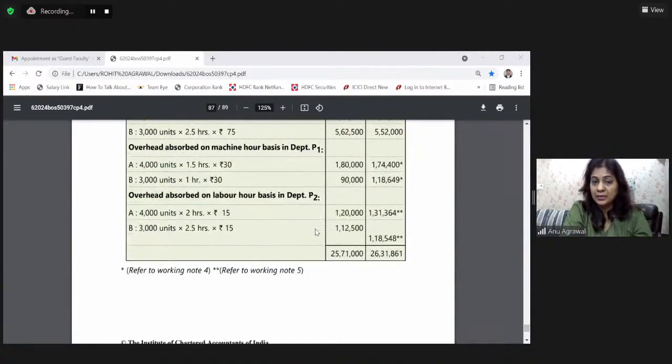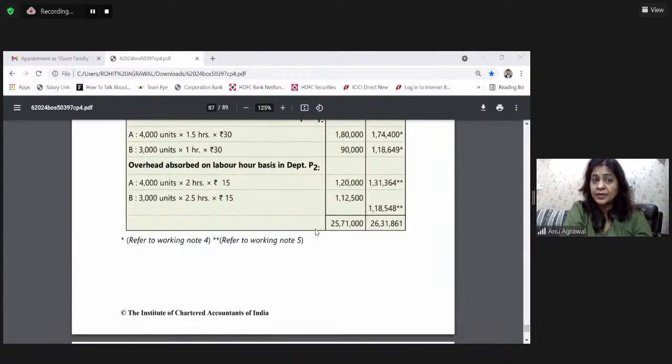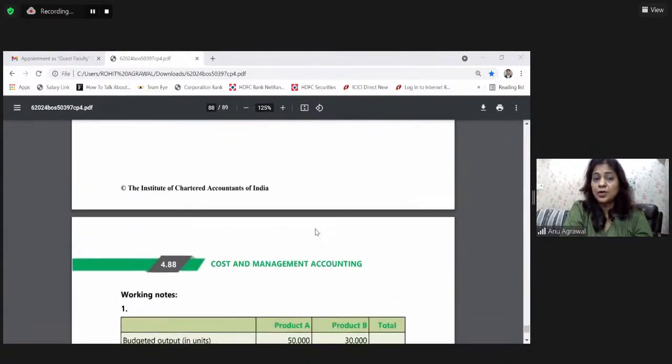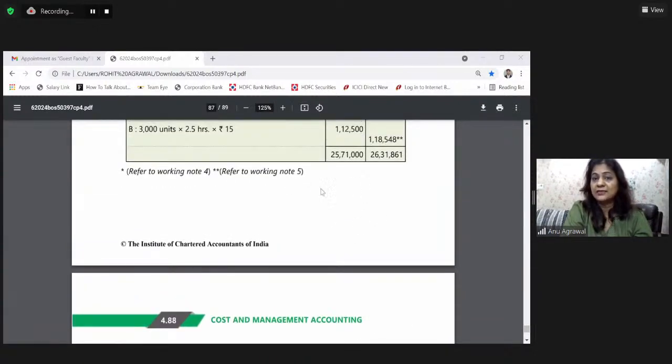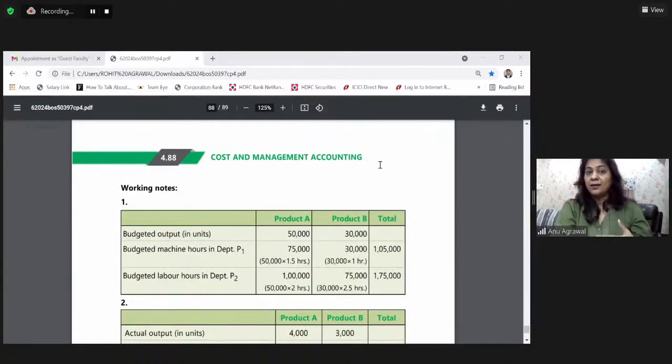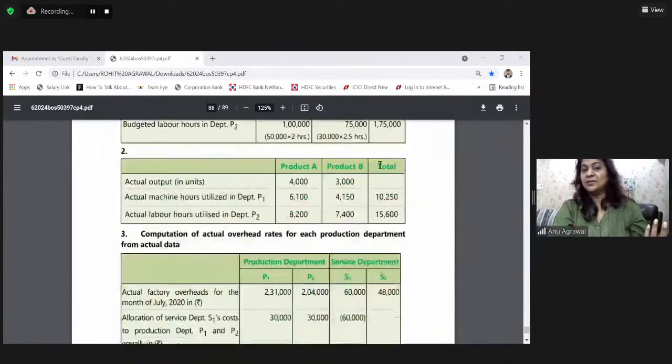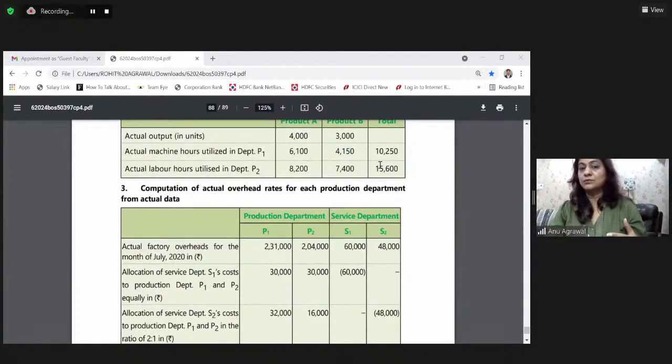So as per them, my overall cost is coming out to be 25,71,000, but actually it is 26,31,000. So then the next thing begins, and that next thing is we start finding out why did it happen, why the material spend was more, whose mistake it was, and that will lead you to understand standard costing.